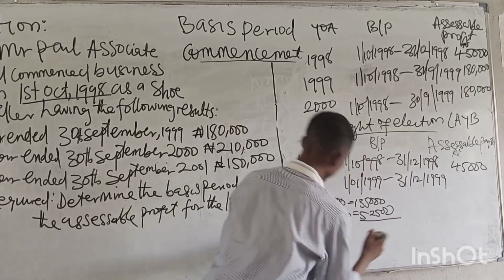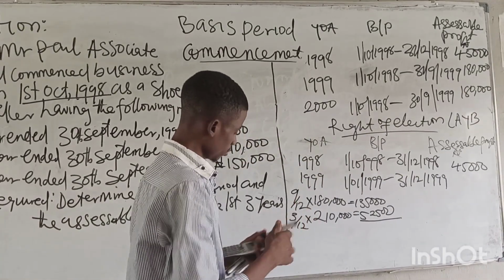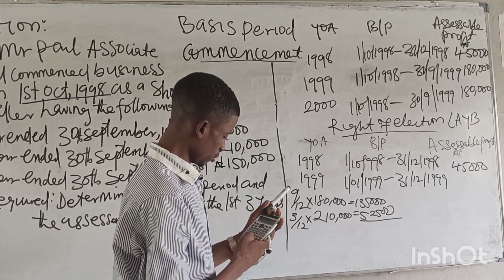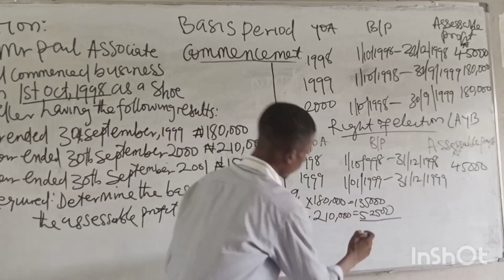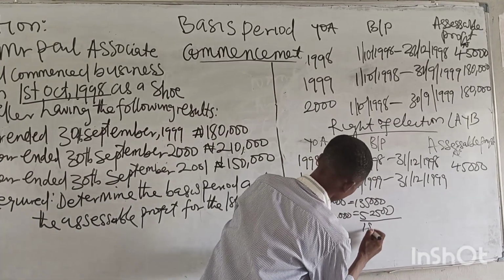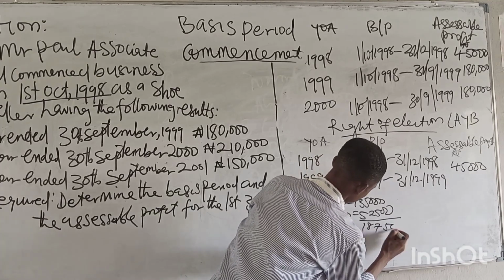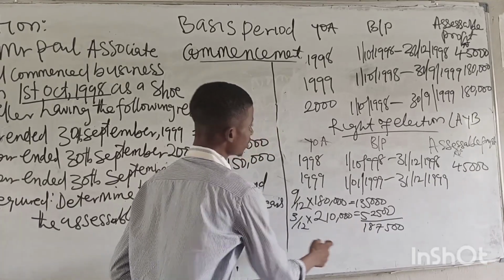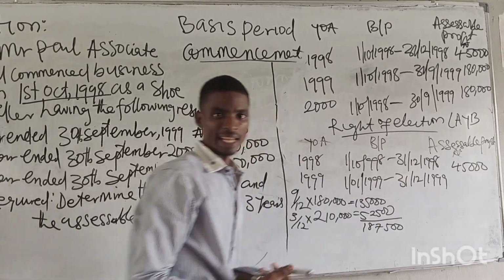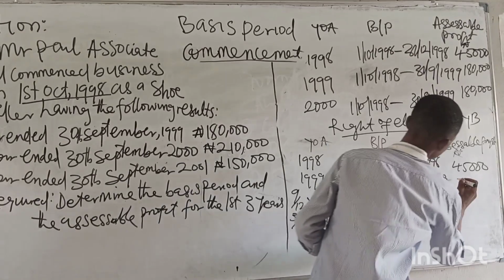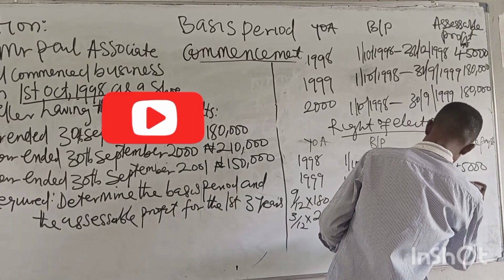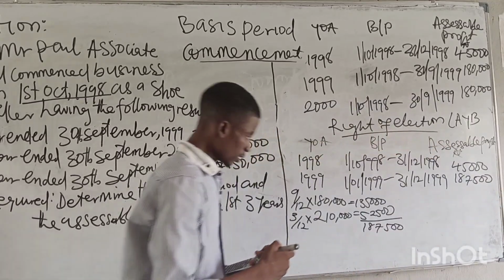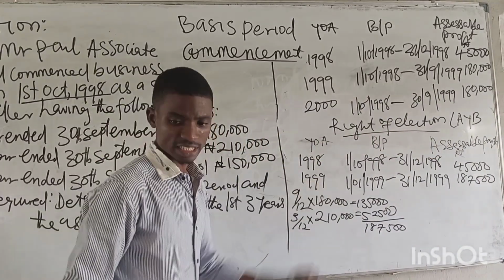So we now add the two. When we add it, we have 187,500. So this is the assessable profit for the year 1999. So we come over here and write 187,500. This is the working we need to do for this year.